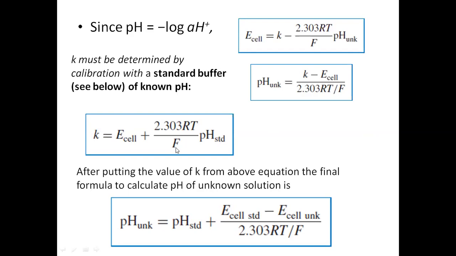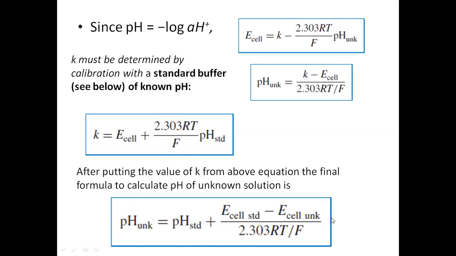So ultimately, if you put the value of K into this formula, we can find out the final formula, which gives pH of unknown is equal to pH standard plus potential of standard cell minus potential of unknown cell, divided by 0.2303 RT upon F. So this is the final formula to calculate the pH of an unknown solution, and based on this formula, our pH meter works.